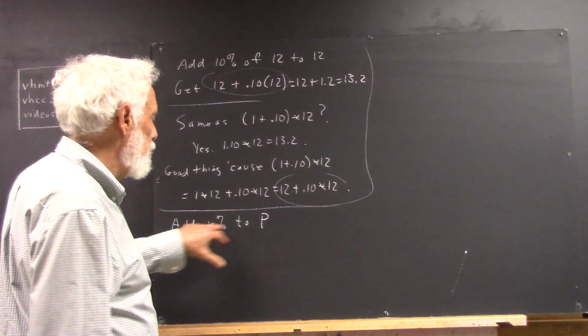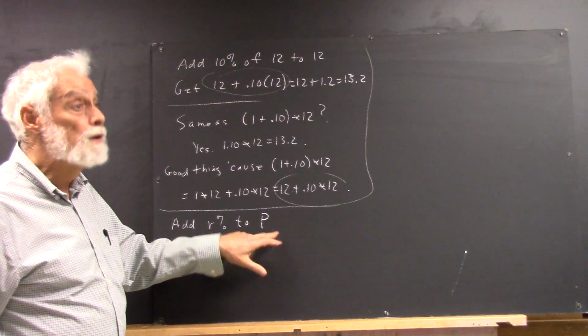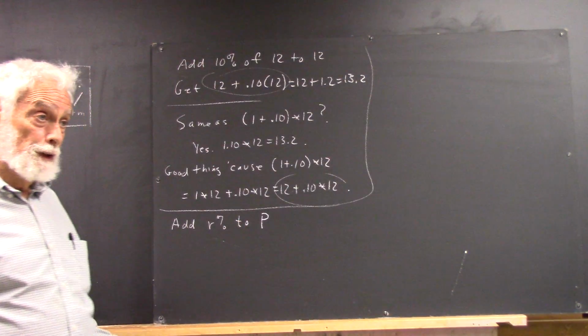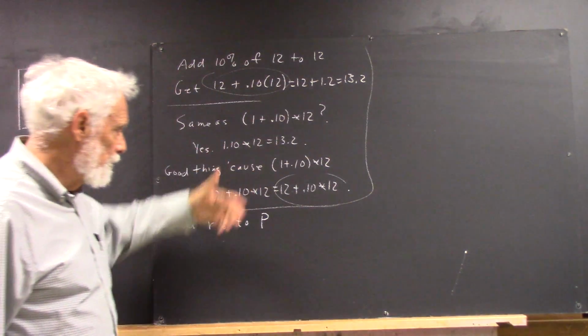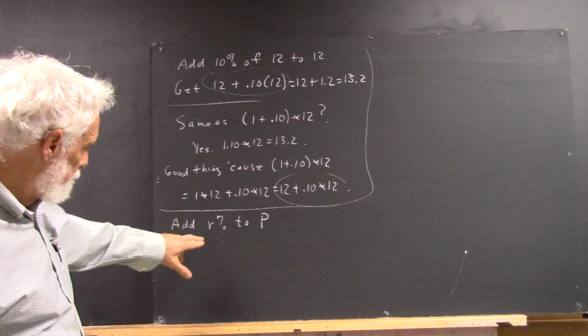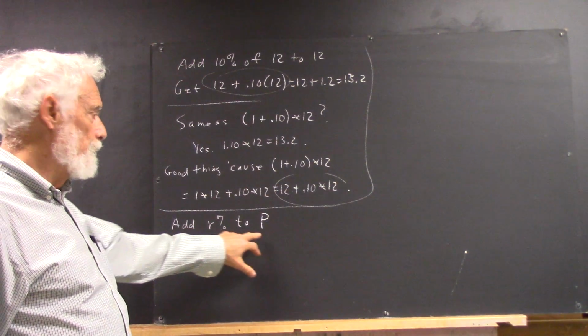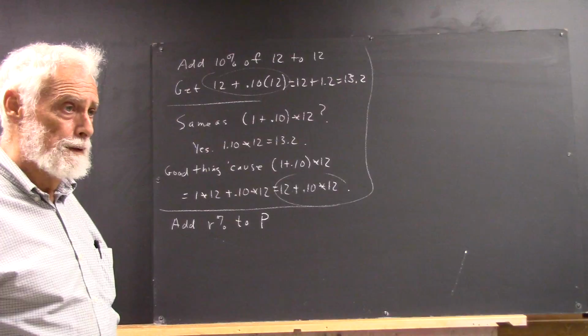If I add R percent to P, R could stand for population, okay, because in both cases you have similar models, and you'll see that when we get to it. If I add R percent to P, what do I get?